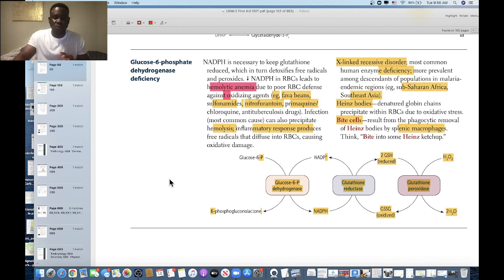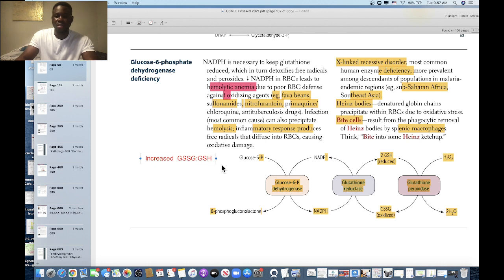Let me write it this way: if you have an increased GSSG to GSH ratio, it means that there is oxidative stress, because this is the oxidized form.